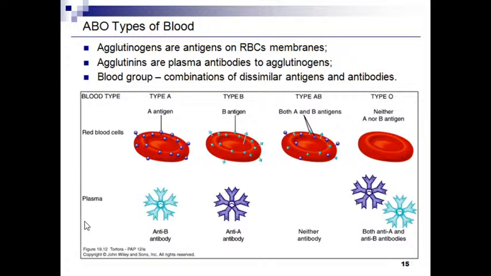Type AB: erythrocytes contain both A and B antigens, and plasma has neither antibody. No antibody is present in the plasma at the same time. And type O: erythrocytes do not have antigen A or B, but plasma has both antibodies alpha and beta.